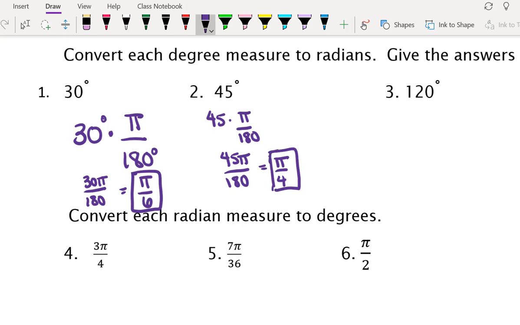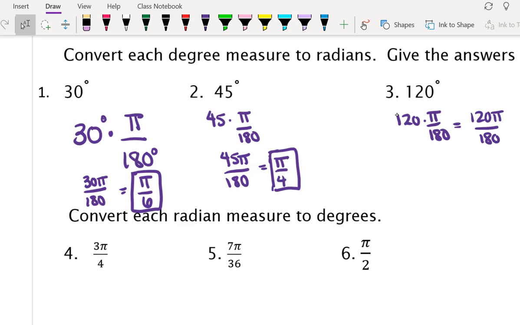Okay, and then 120 times pi over 180 is 120 pi over 180. Now let's just do this one without a calculator. 60 divides into both 120 and 180. So this is 2 pi over 3.